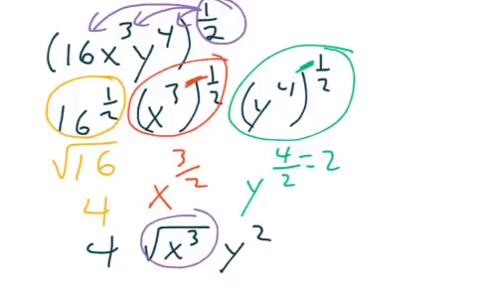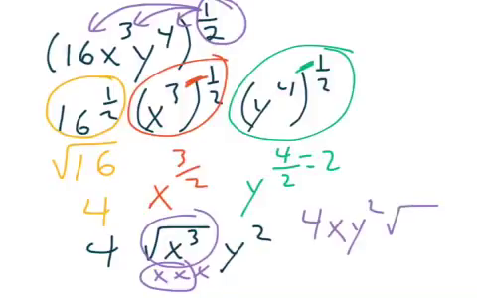Well, remember, x cubed is x times x times x, and when we take the square root, remember we take pairs. So notice I'm going to end up with 4, a regular x, a y squared, and a square root of a single x.